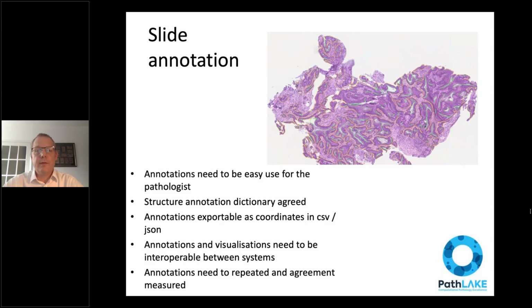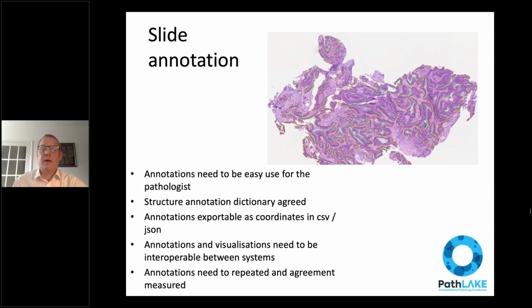You know what? This is not easy to do. These tools are quite cumbersome and difficult to use, and pathologists need to become adept at providing this data efficiently and rapidly if it's to be of any use to researchers.